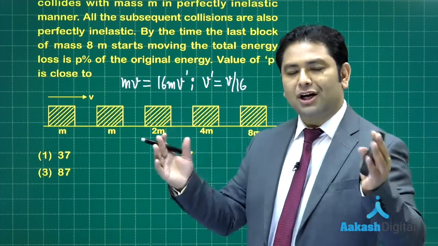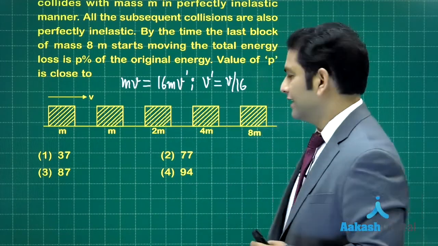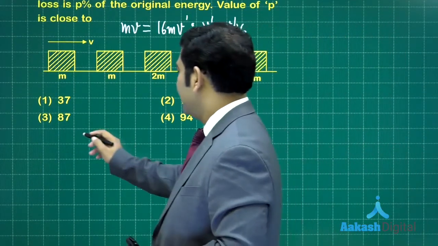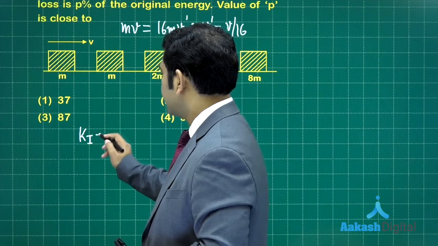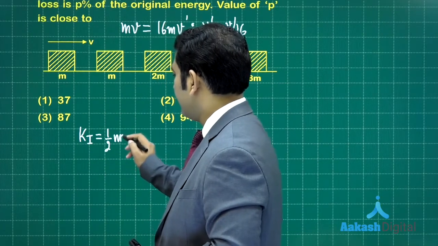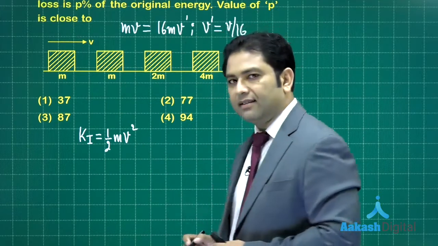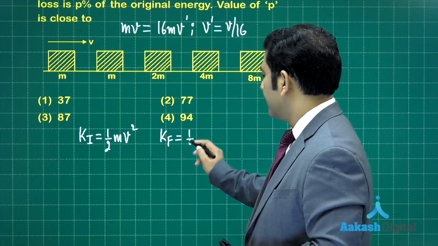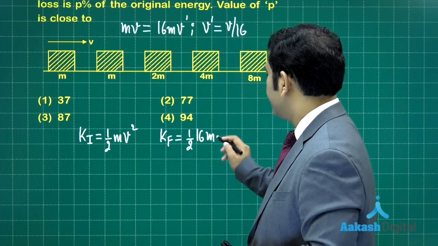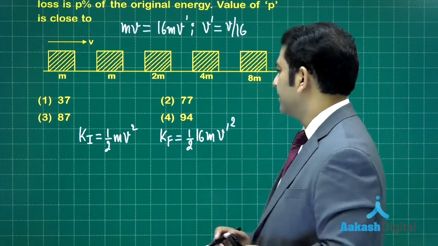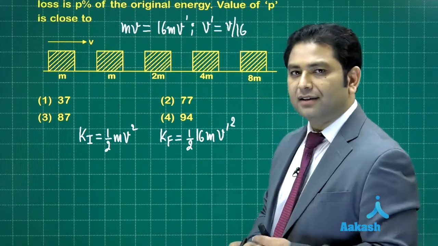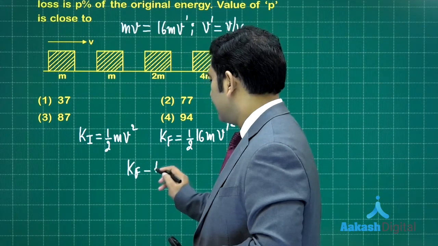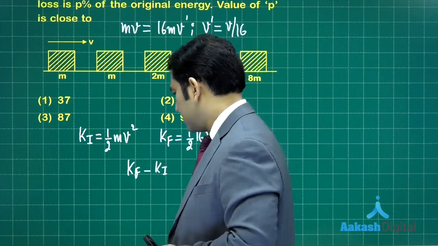So I think now computing the percentage loss in kinetic energy is never a problem. How do we do that? The initial kinetic energy is of course equal to 1/2 mv square. And the final kinetic energy is equal to 1/2 into 16m multiplied by v dash square. And we have to find the percentage loss. So that is K final minus K initial, right?